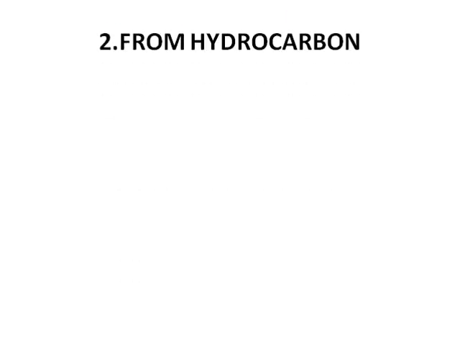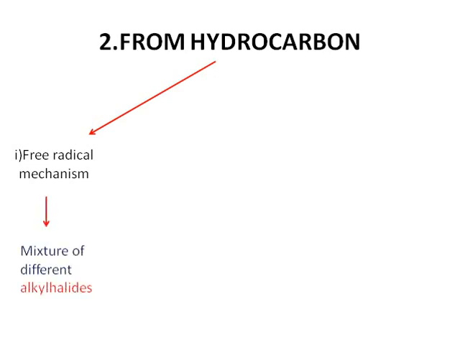From hydrocarbon we get the alkyl halides or aromatic halogen compounds in three different ways. First, by free radical mechanism we get a mixture of different alkyl halides from hydrocarbon.